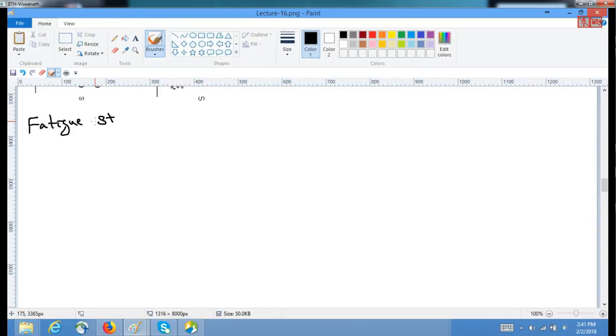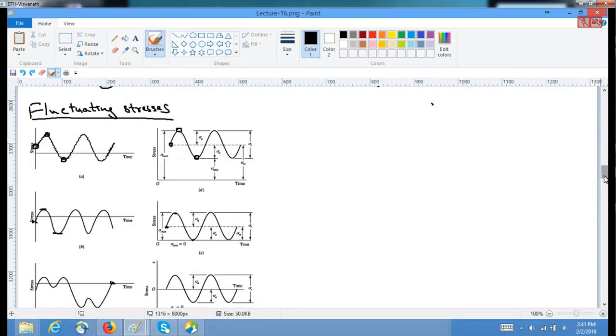Before finishing, a couple of definitions I need to give here. Sigma mean is defined as the maximum value plus the minimum value divided by 2.